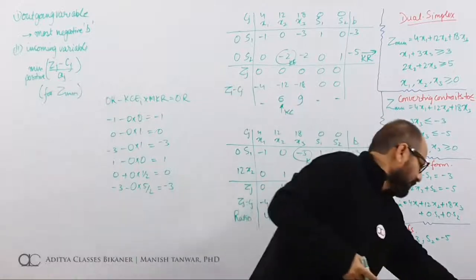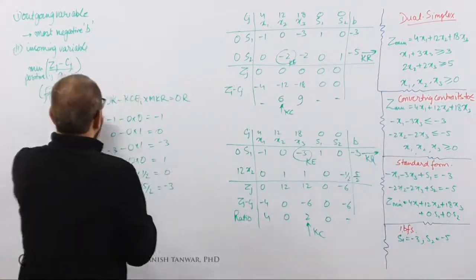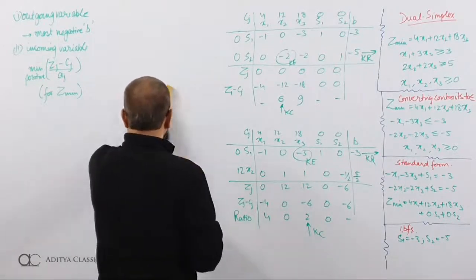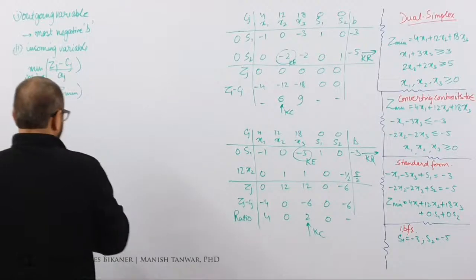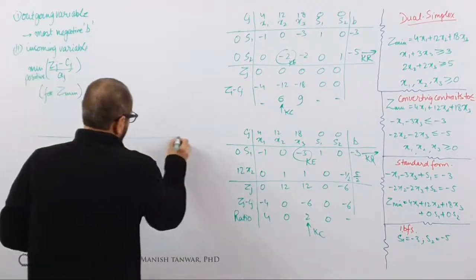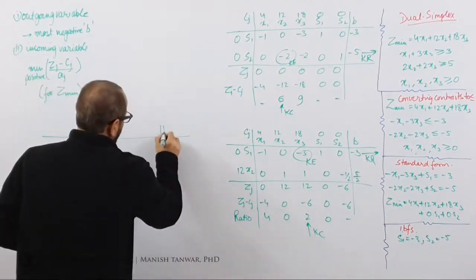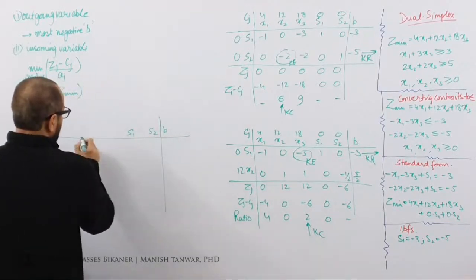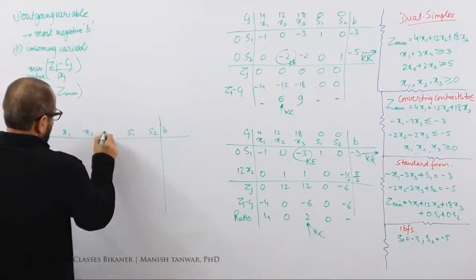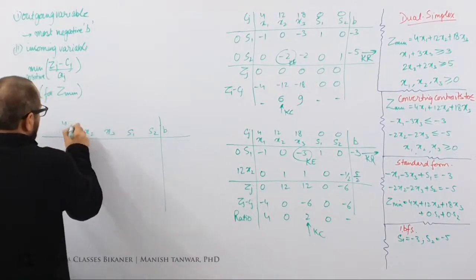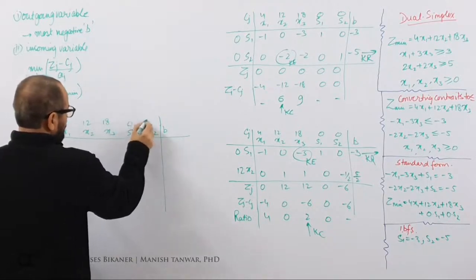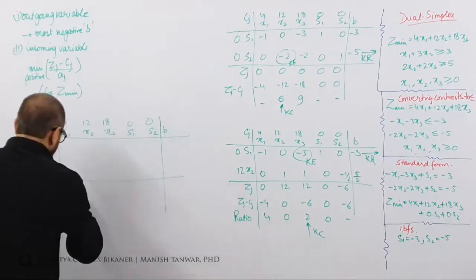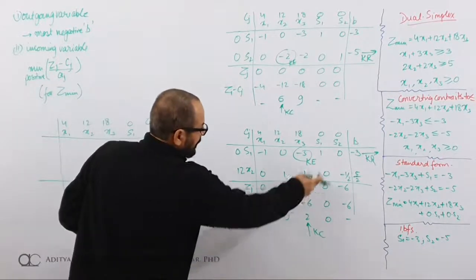So can we start with our next table? What is happening over here?